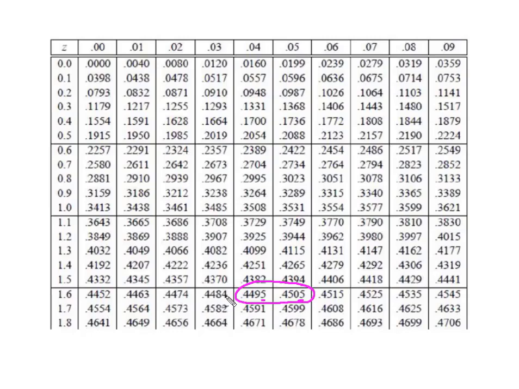So when I go out to my 1.6, I'm going to split the difference between the 0.04 and the 0.05, which is going to give me a critical value equal to 1.645. Remember that 1.645 is a standard value for alpha for a one-tailed test of the mean in the upper tail.